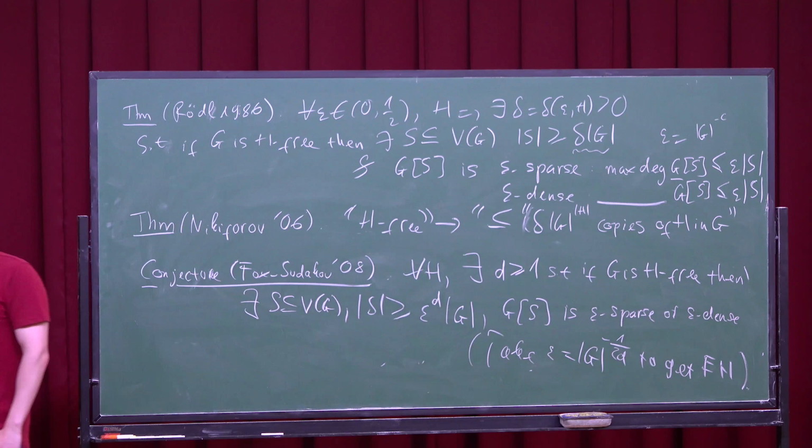There is a question from June. Is there a version if we change forbidden H to forbidden a set of H's, for example, forbidding all bipartite graphs with A plus B vertices and E edges? Maybe one part has A vertices and the other has B vertices, and between them there are E edges. So maybe the question is asking, if we forbid all of these types of bipartite graphs as induced subgraphs, can we expect a better statement?